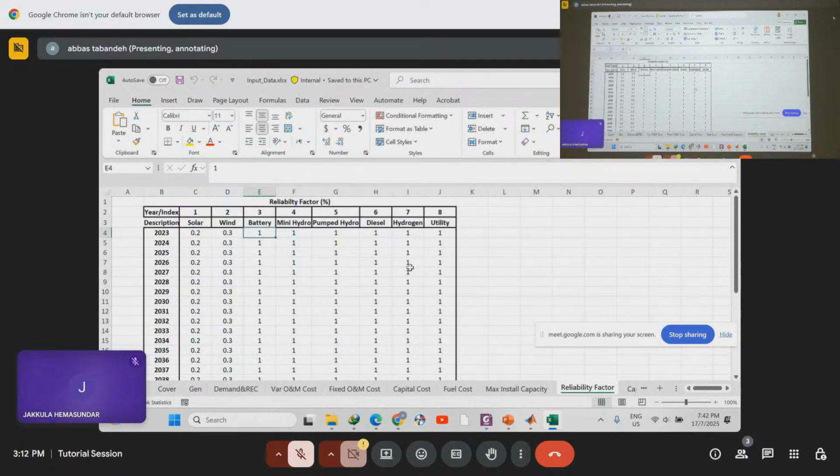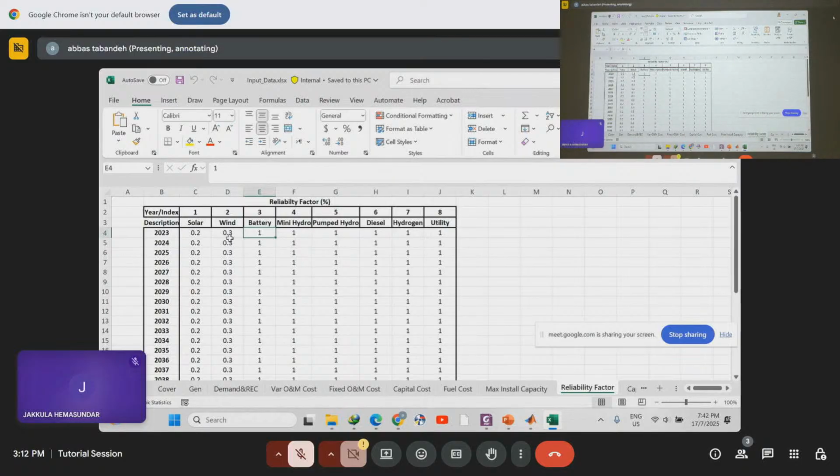And these are the reliability factors that have been considered for the network. We can see that battery, mini hydro, pump hydro, diesel and hydrogen, we call them firm generation because they don't have that much uncertainty. They are more reliable than wind and solar because wind speed and solar irradiation are changing all the time.